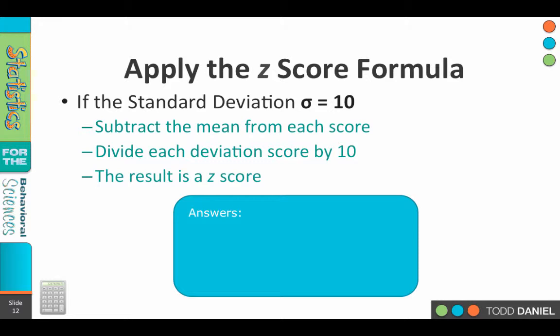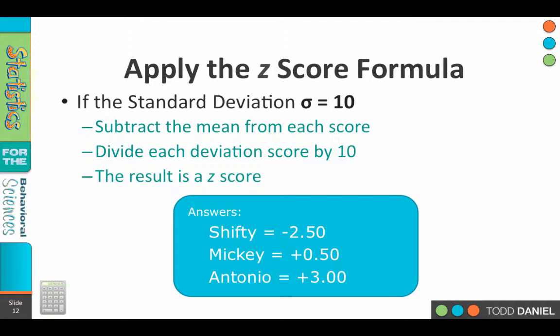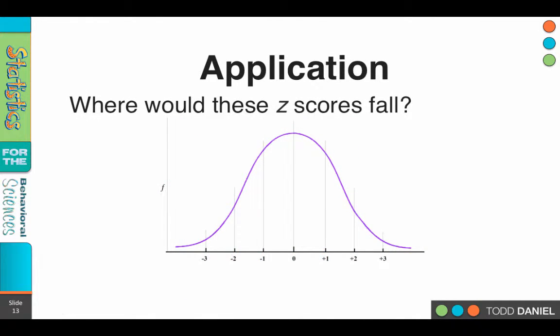Do that for each of the remaining scores, and here's what we get. Shifty has a z-score of negative 2.50. Mickey has a z-score of 0.50. And Antonio has a z-score of positive 3.00. Now we know a lot about these deviation scores. In fact, we can put them into a z-distribution and see roughly where they fall.